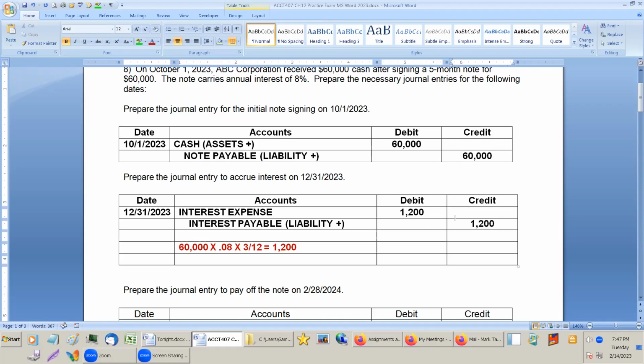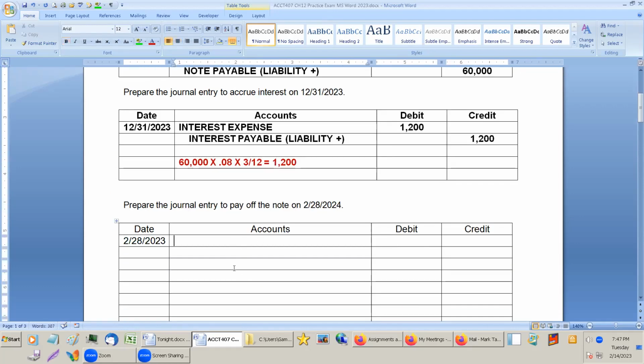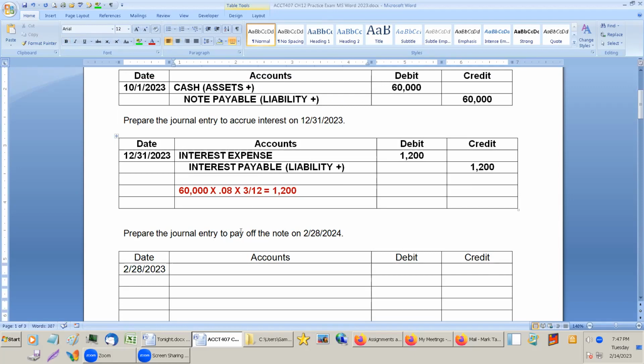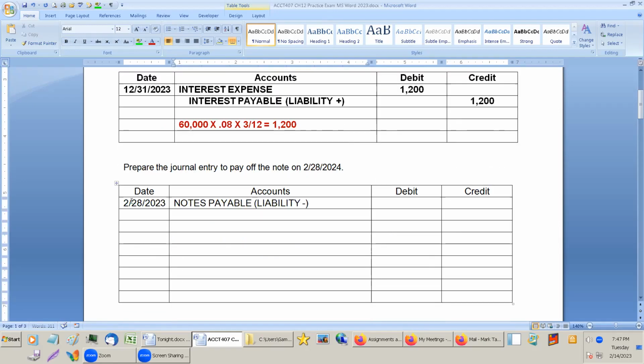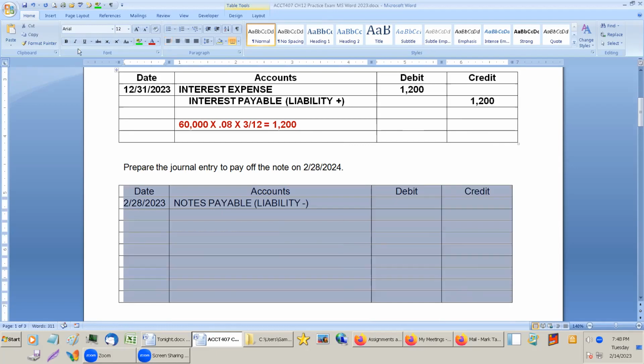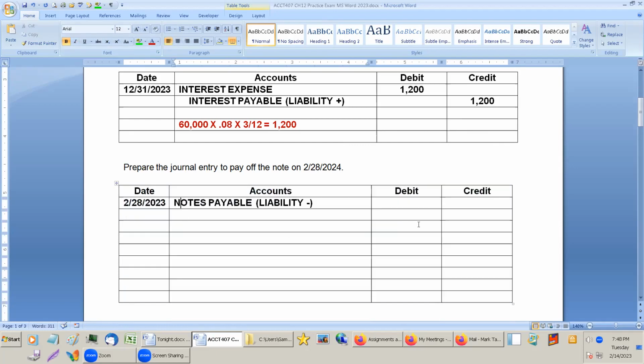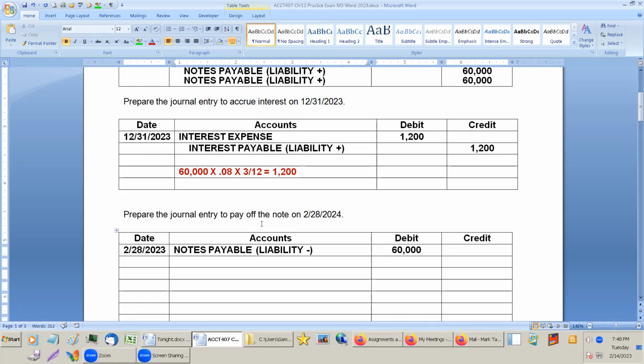So, like that. Okay, coming down here. What are we going to do? We're going to pay off our notes payable, and pay off our interest payable.